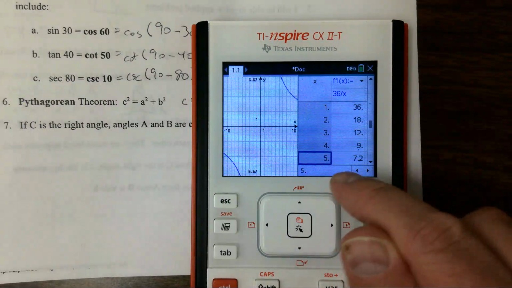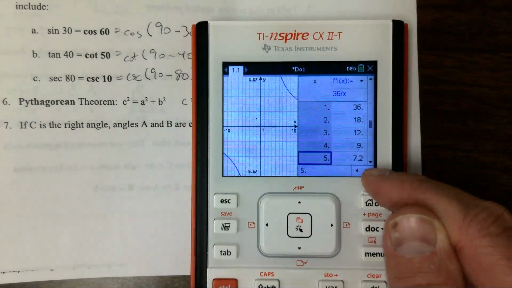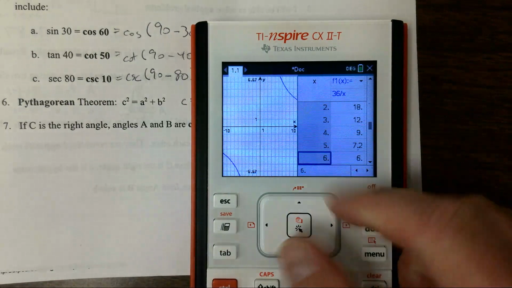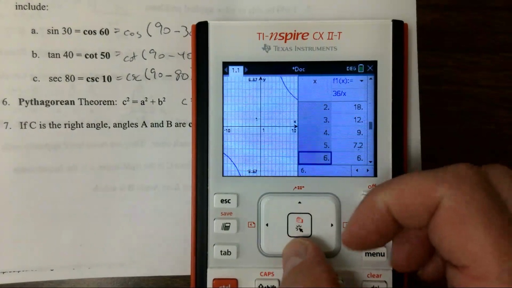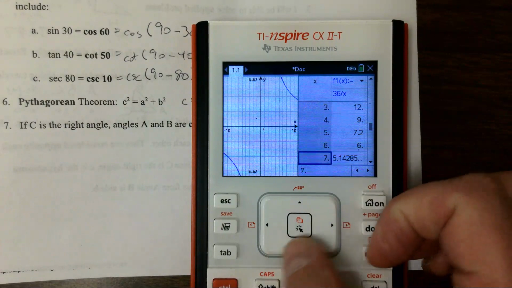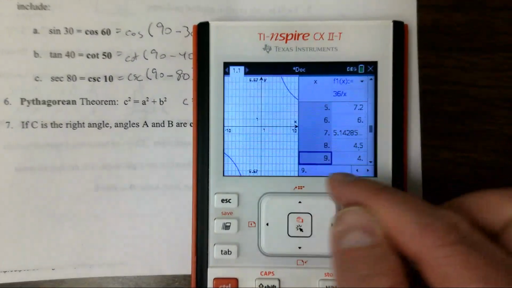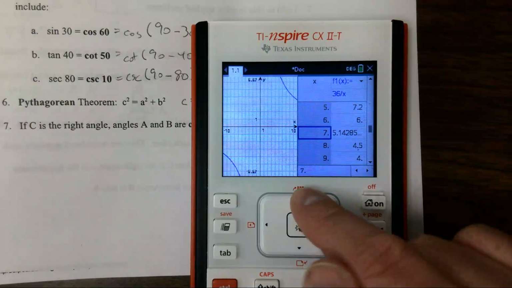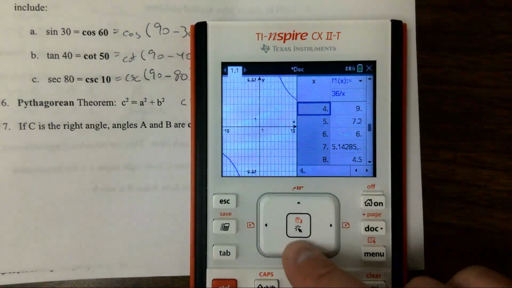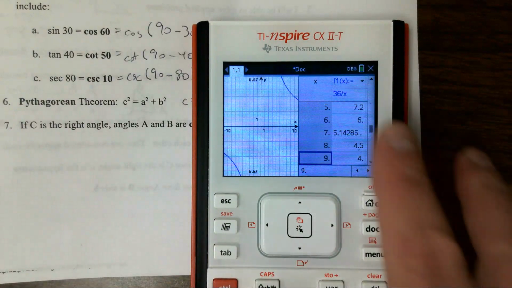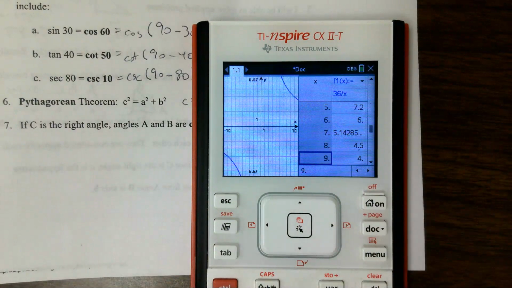Now on this one with 5, it's 7.2, so you can't factor using that. And then 6 is 6, and then it repeats. 8 is 4.5, 9 is 4. Okay, so earlier we said 4 is 9, and now it's saying 9 is 4.